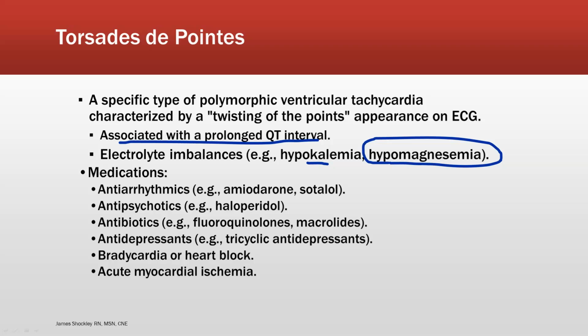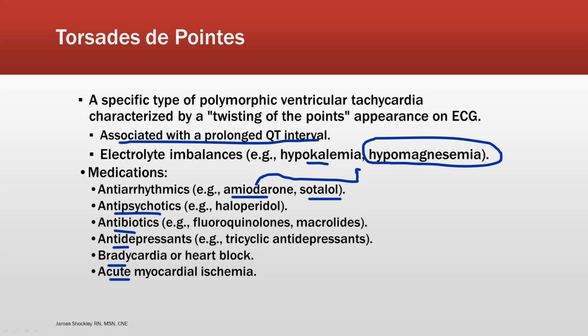Of course, we want to convert them so we can do amiodarone, but amiodarone could potentially also cause torsades to form. Sotalol too. We can have issues with torsades from your antipsychotics, your antibiotics, your antidepressants, your bradyarrhythmias, and including MI.